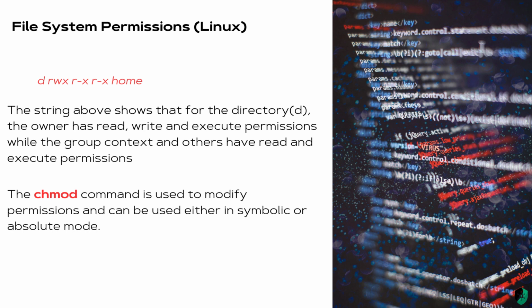Remember once again that read is represented by R, write by W, and execute by X. And then the next group, the group account, they have r-x. This means that they can read, they cannot write, but they can execute. And the exact same goes for the other users. They too can read and execute, but they cannot write.